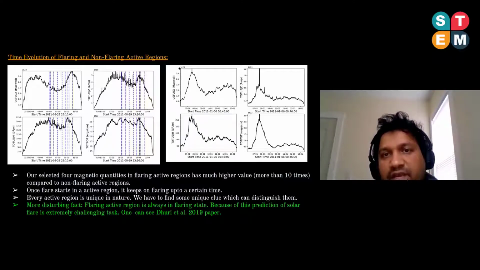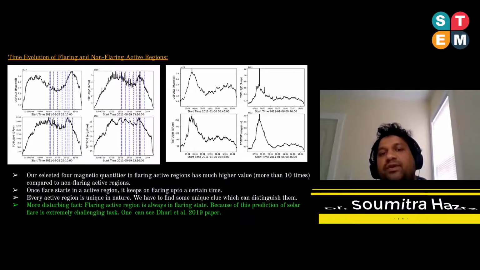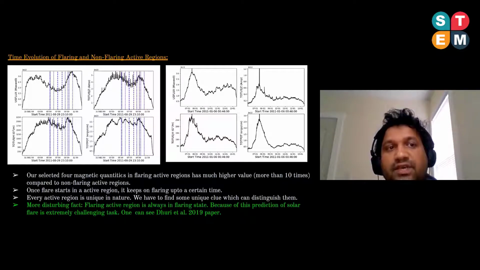However, if you compare the magnitudes, in the non-flaring case it is 10 to the power 21, whereas in the flaring case it is 10 to the power 22. So all four selected magnetic quantities in flaring active regions have much higher values compared to the non-flaring. This is the first conclusion.